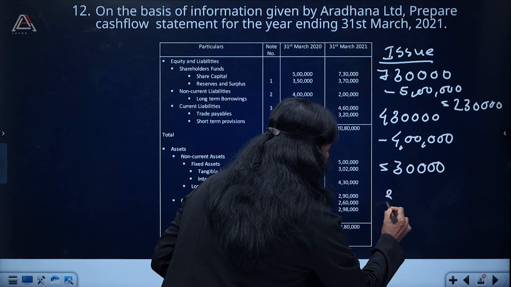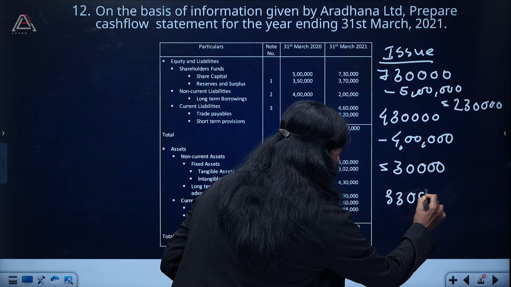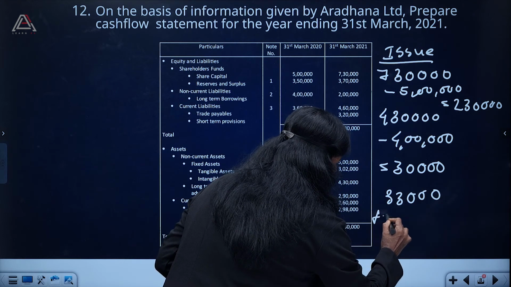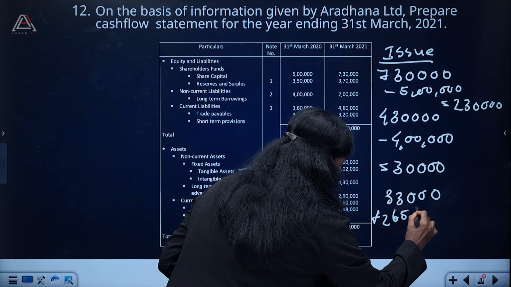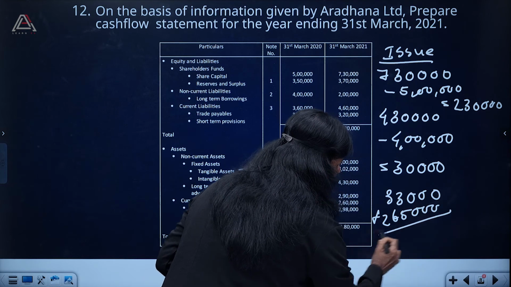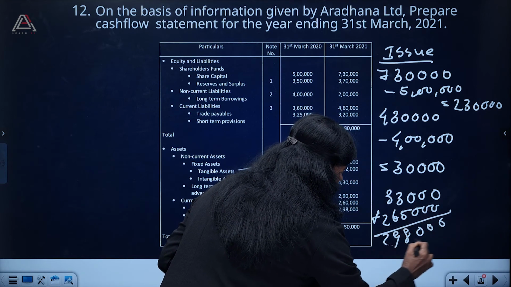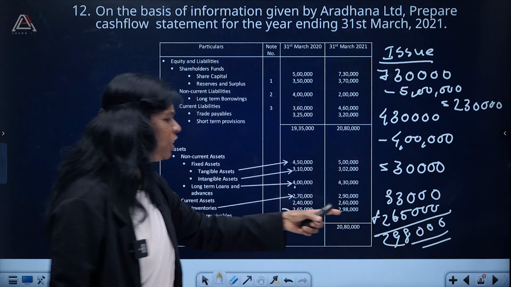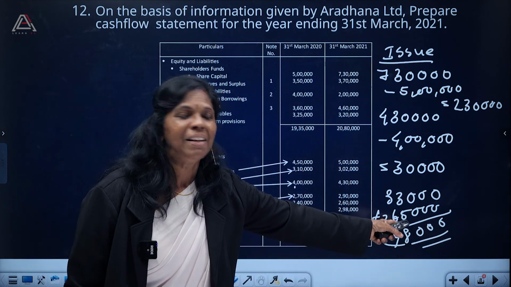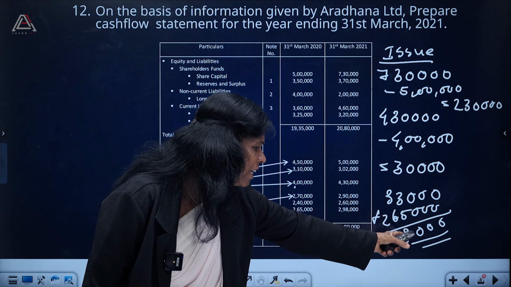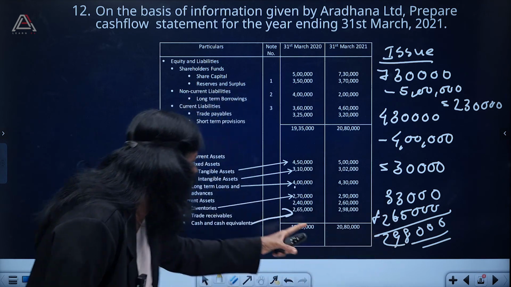This 33,000 plus 2,65,000, this is the opening cash balance. While adding that total, you have to add the opening cash balance and you will get the closing cash balance.